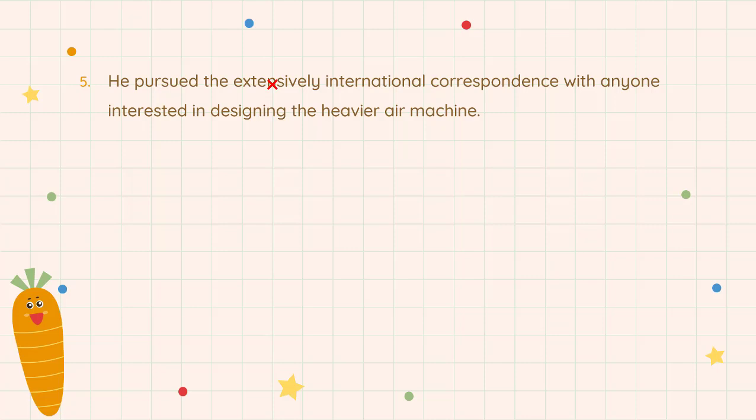But again, always see the meaning of the whole sentence. What we want here with the word extensive is to modify the correspondence. So we need adjective, the correspondence which is international and extensive. That's why we have the adjective here.